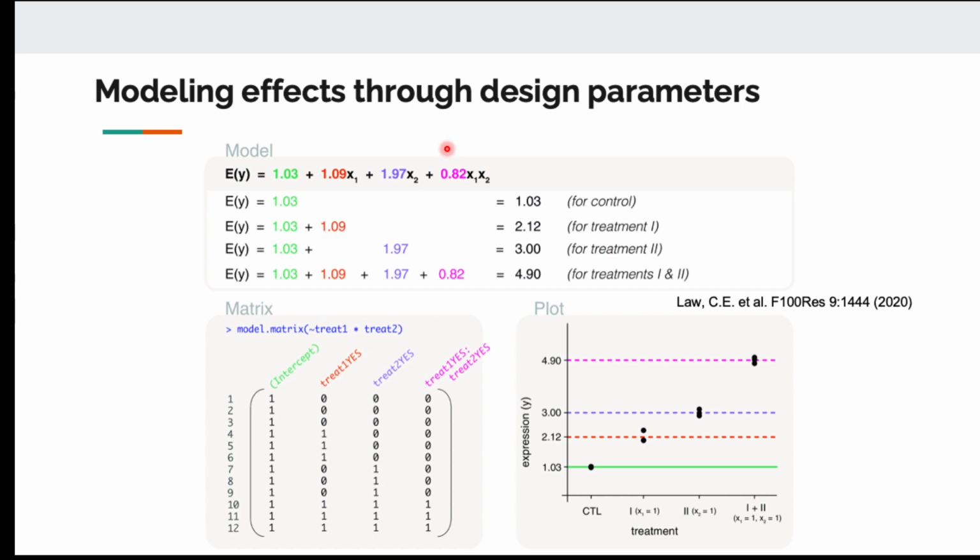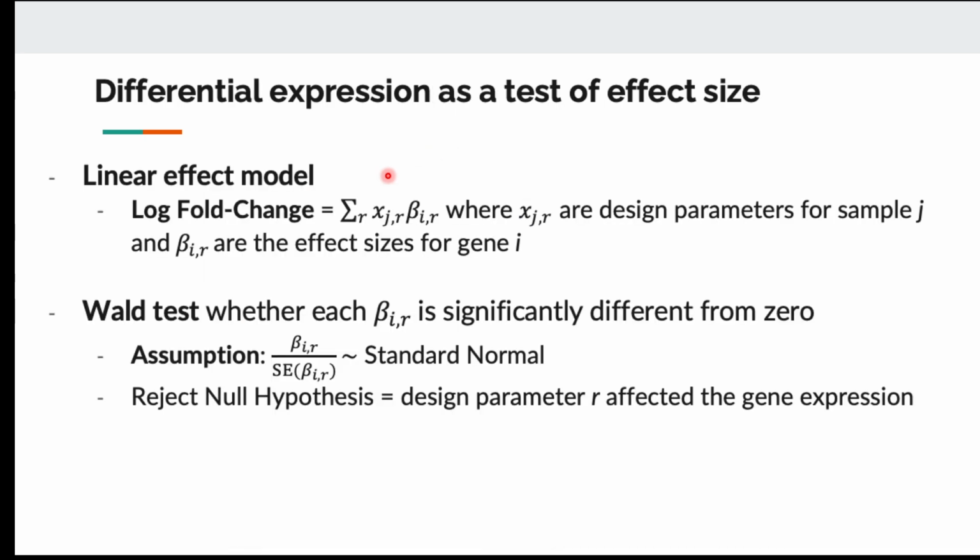Okay. So from this kind of linear effect model, a linear combination of the design parameters or the confounding factors multiplied with the effect size, how do we perform differential expression? I would name this differential expression as a test of effect size.